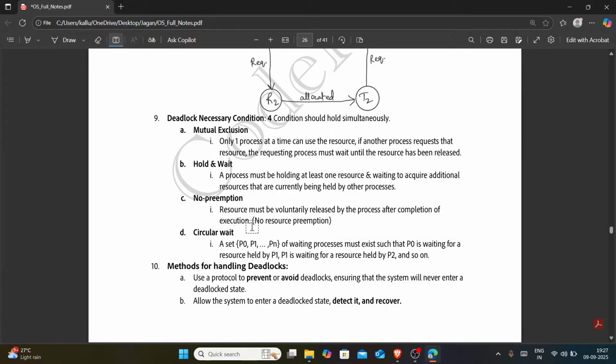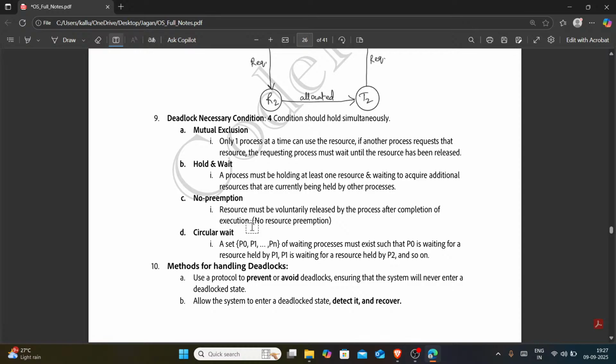So there should be no preemption, meaning resources are released by the process only after the completion of its execution.